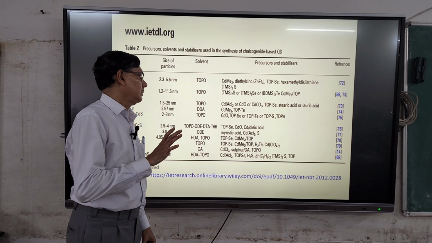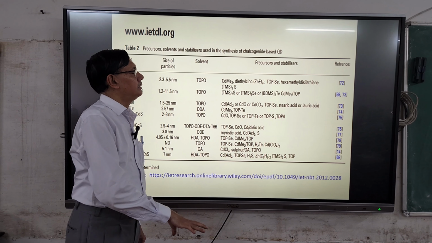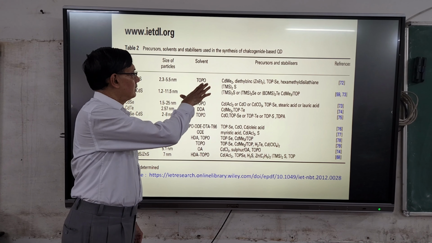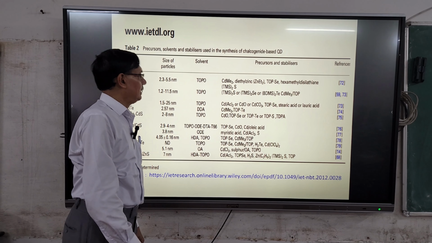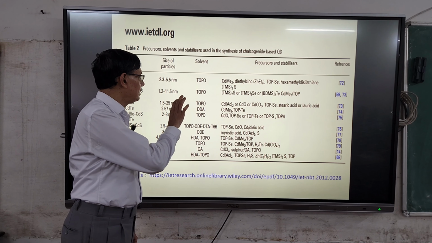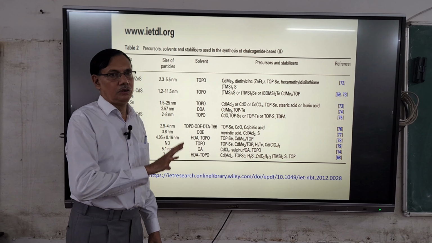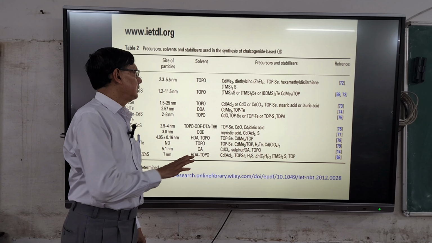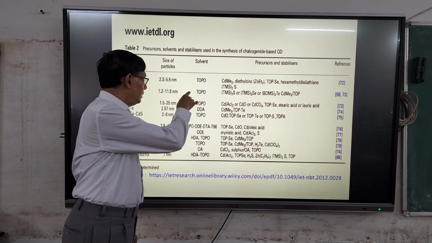But as I told you many times, for studying semiconductor nanoparticles there are certain important solvents. One is trioctyl phosphine oxide. Oleic acid is also used.